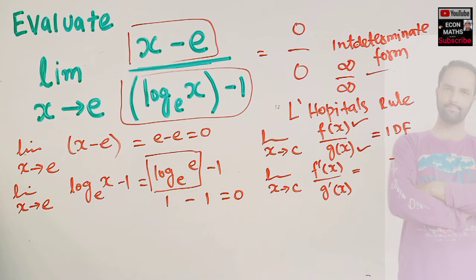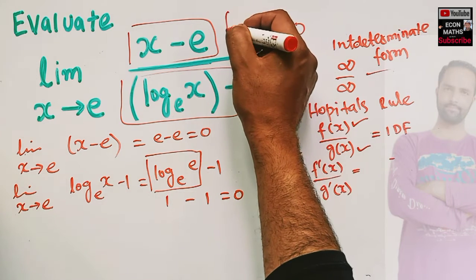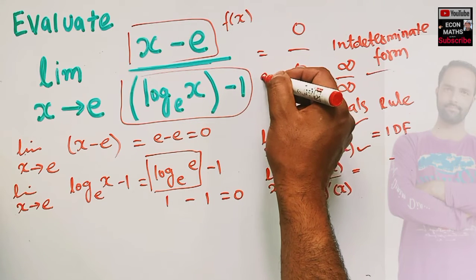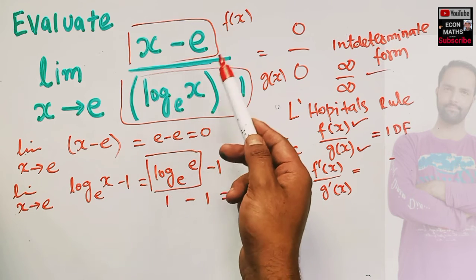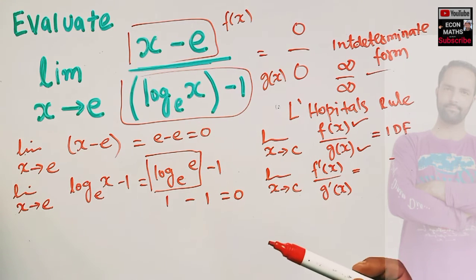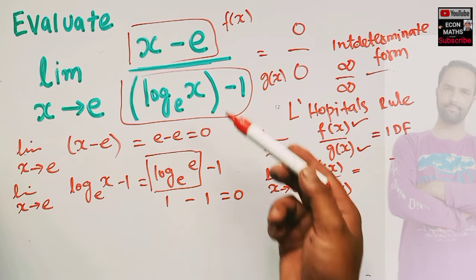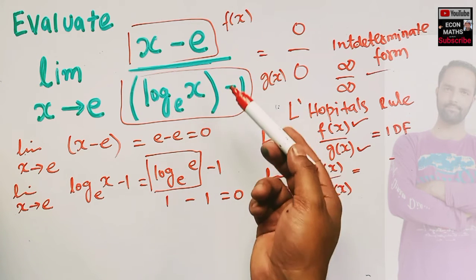Since we got the indeterminate form, let us say this is f of x, this is g of x. To get rid of this indeterminate form, the function is a candidate for L'Hopital's rule. So we compute the derivative of numerator and denominator.